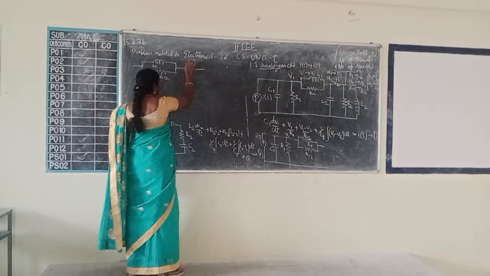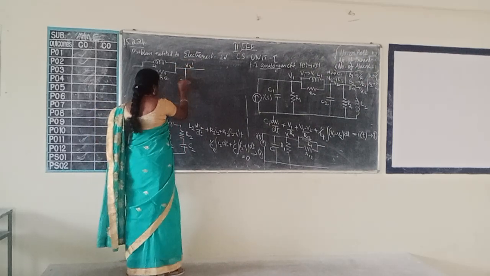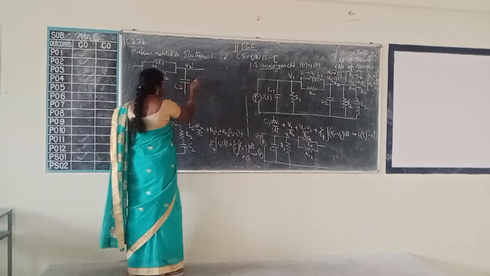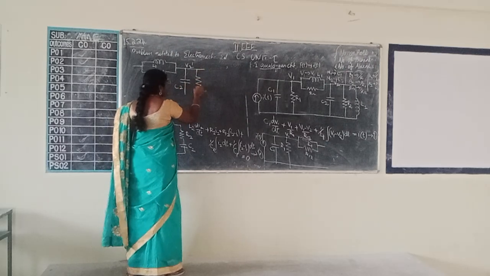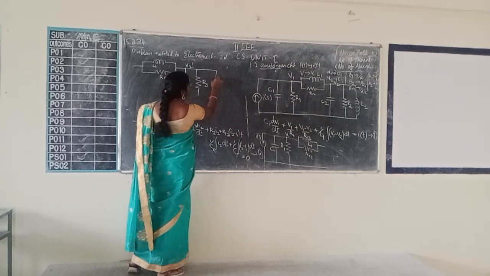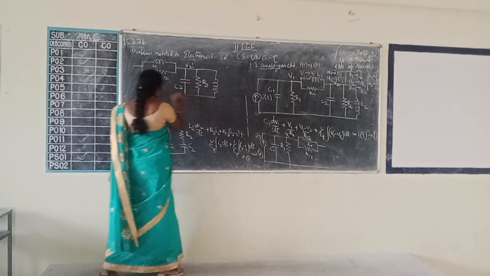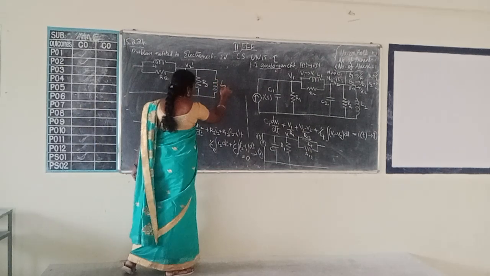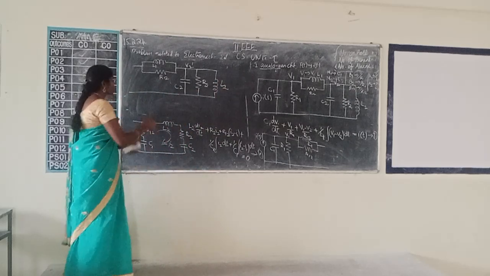Here there is a node V2 connected to the capacitance C2, with a parallel resistance R2 and then the inductance L2. Correct?